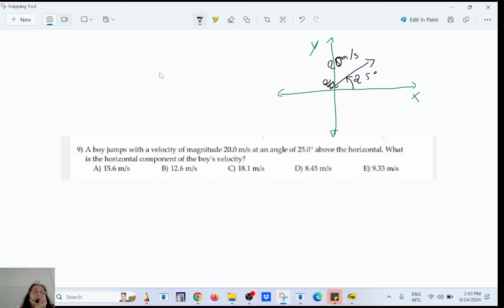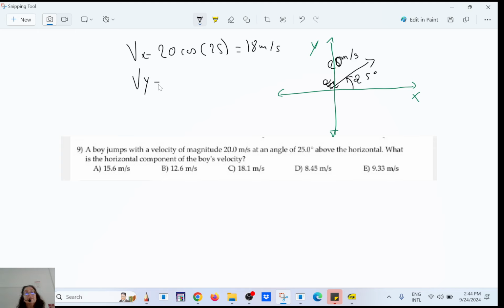So how can I find the x component? Cosine, right? So it will be 20 cosine 25. Do you all agree? And so it's going to be 20 cosine 25, which is 18. Okay?